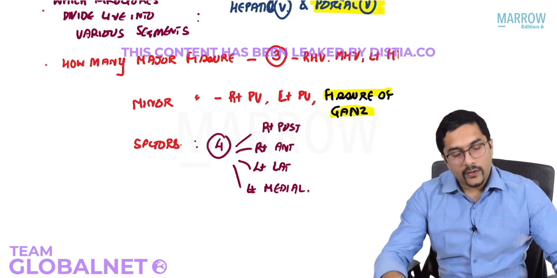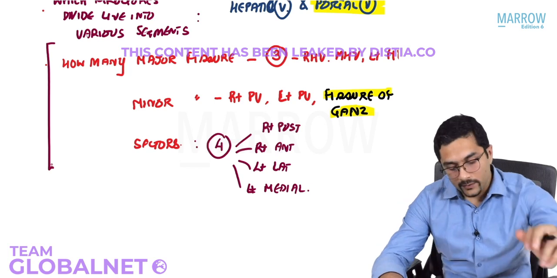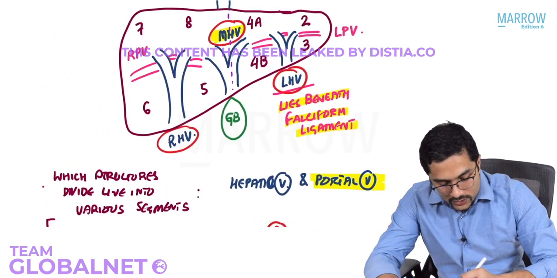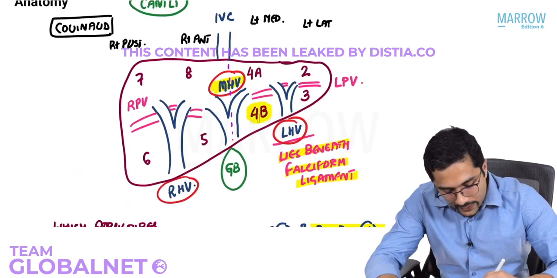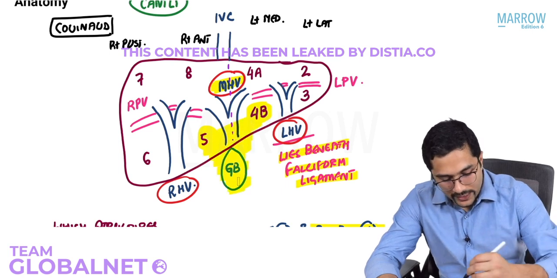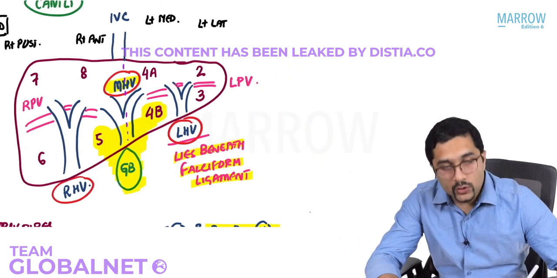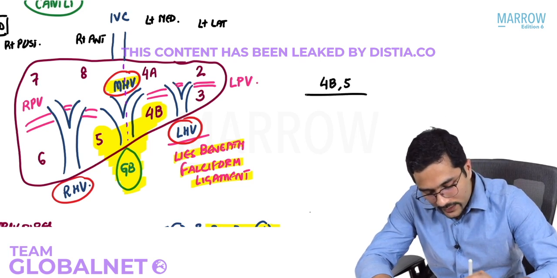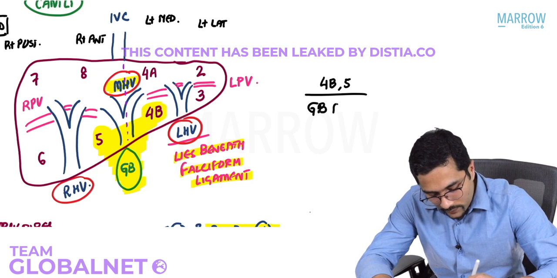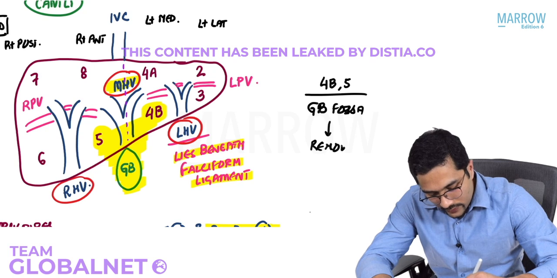So these were the questions which were asked regarding the anatomy of the liver. Few other questions which you need to know for the exam. Segments 4B and 5 form the gallbladder fossa, and these are the two segments which are removed during radical cholecystectomy for gallbladder cancer.